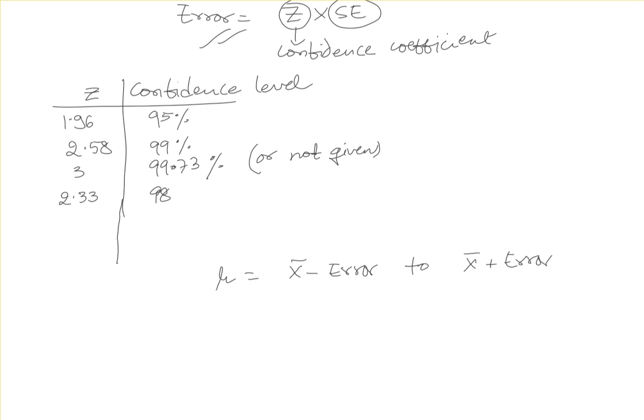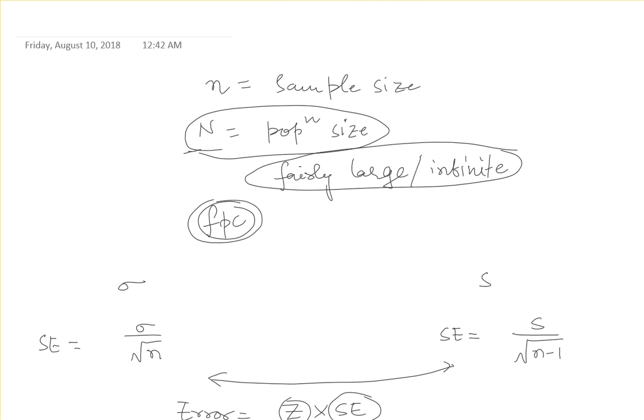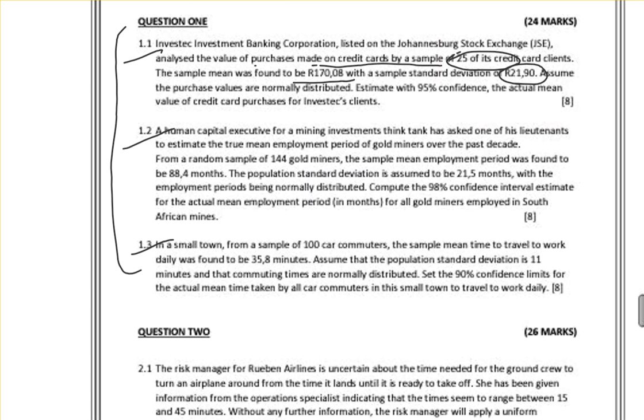For example, if sample mean is 10 and error comes to be 2, then population mean will vary from 8 to 12, that is 10 minus 2 to 10 plus 2. So this is the process which you'll have to follow to solve these questions.